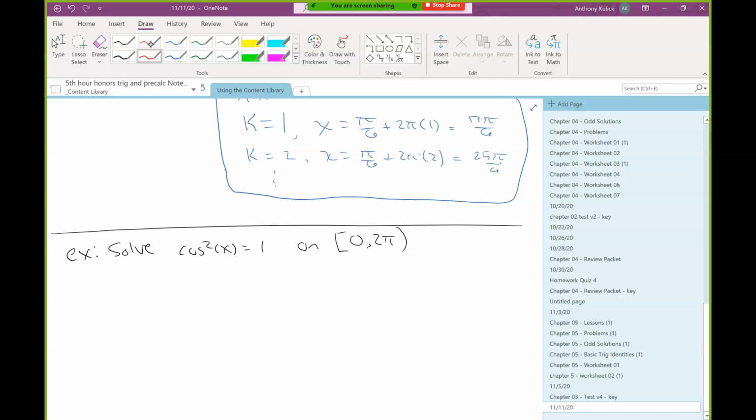Okay, so let's say we want to solve cosine squared x is equal to 1 on the interval from 0 to 2 pi.